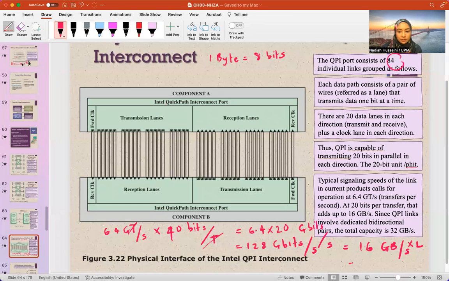So you would get 32 gigabytes per second in total. So this is the total capacity if I were to provide the number of transfers per second. Is everyone okay with this math? Does anyone want me to repeat?